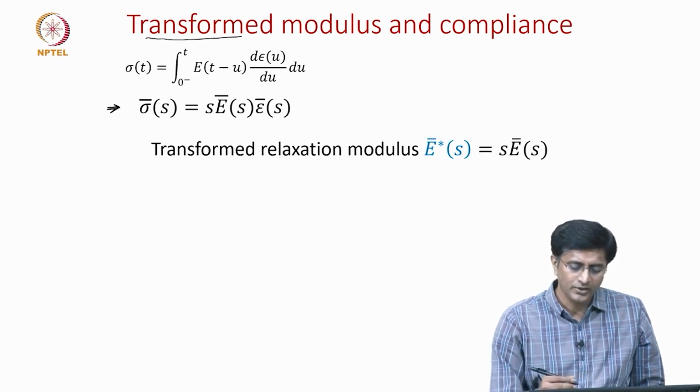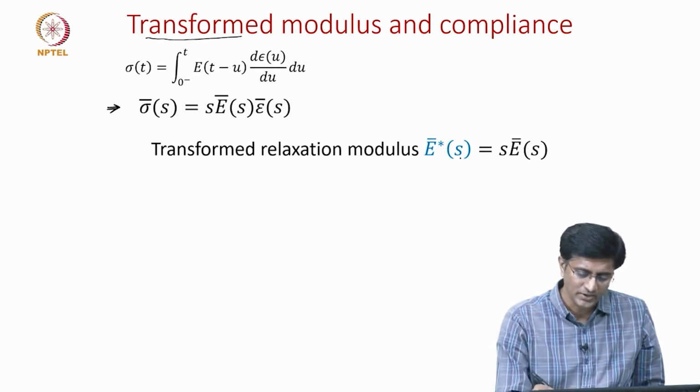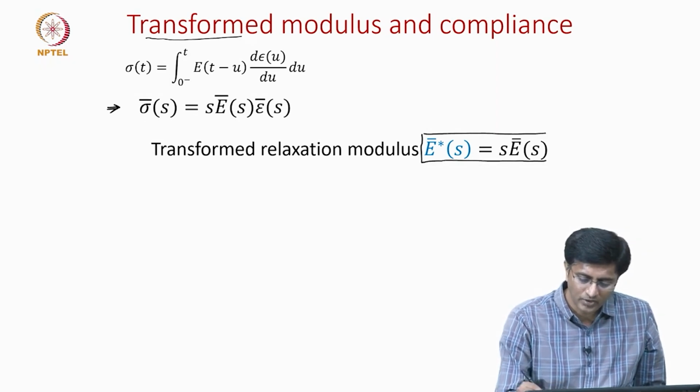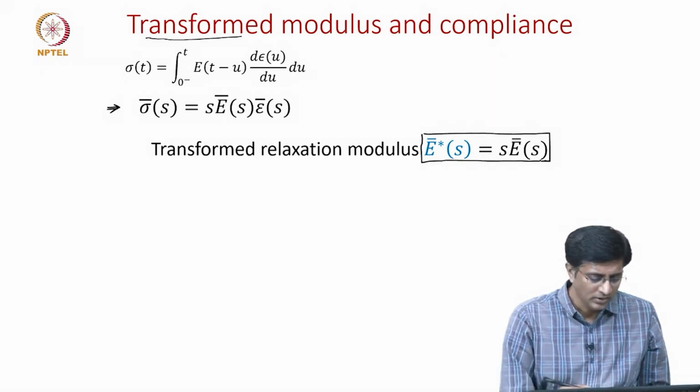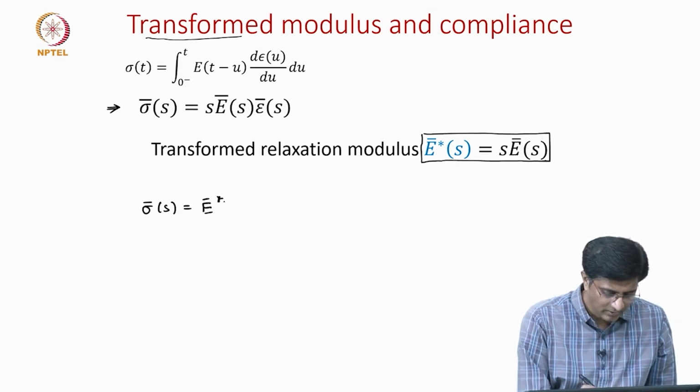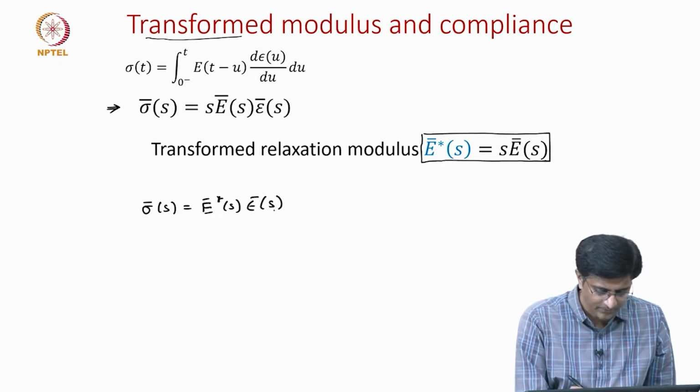Now, I can introduce E star of s with the definition that it is s times E of s. When I invoke this definition, I should be able to write sigma of s equals E star of s times epsilon of s.